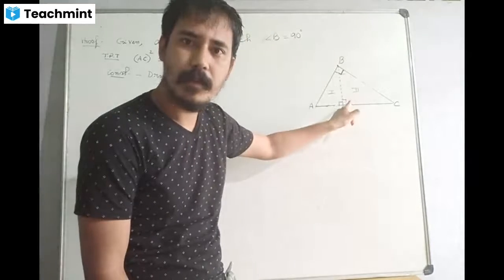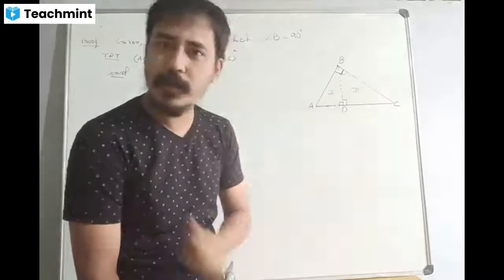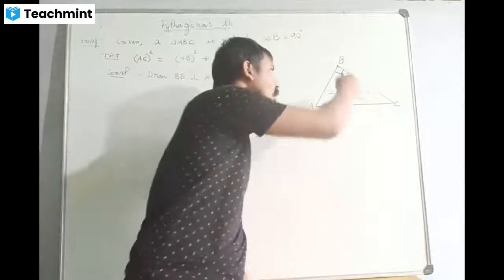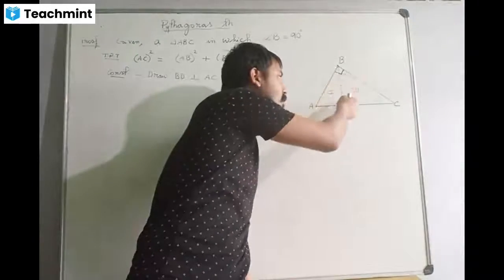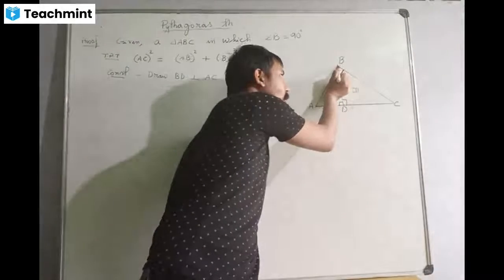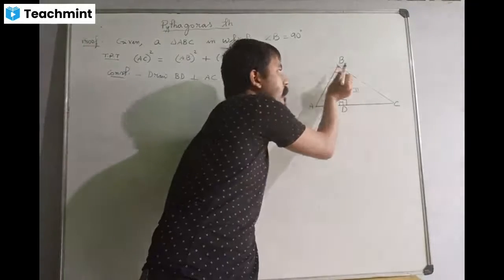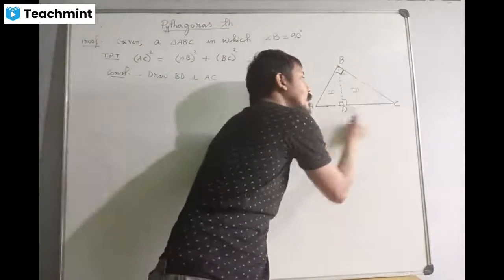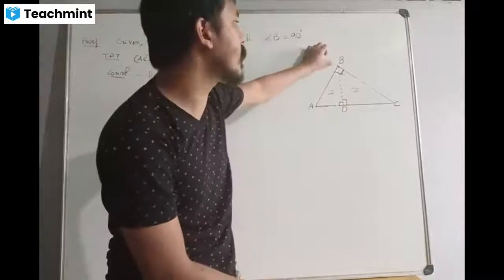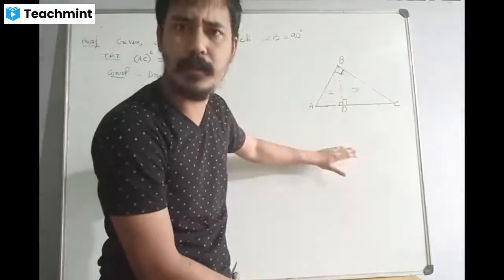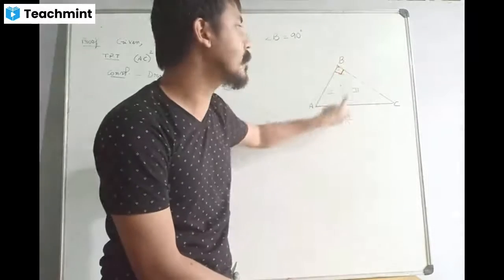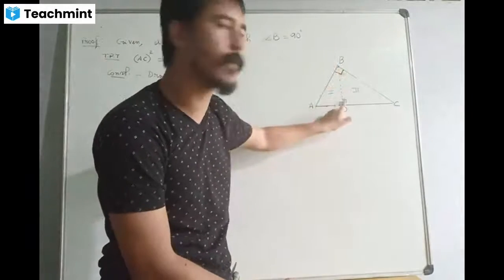So according to this proposition, B was the vertex of the right angle, AC is the hypotenuse. From this point up to the hypotenuse, I have drawn another perpendicular.